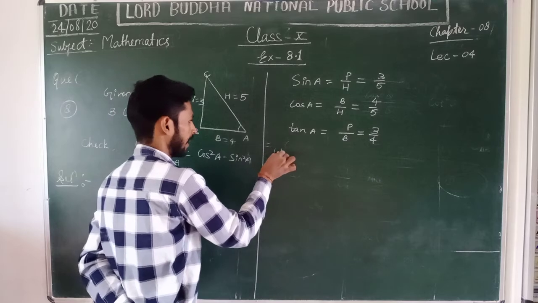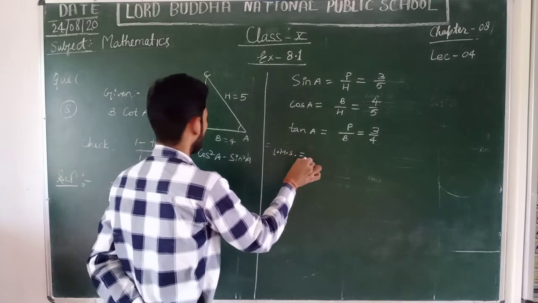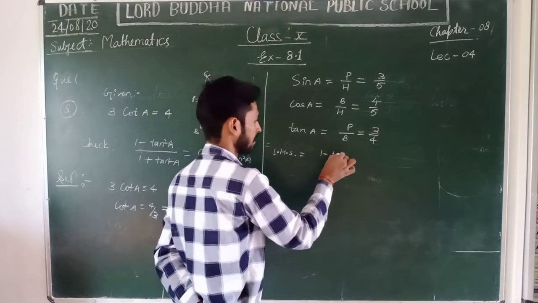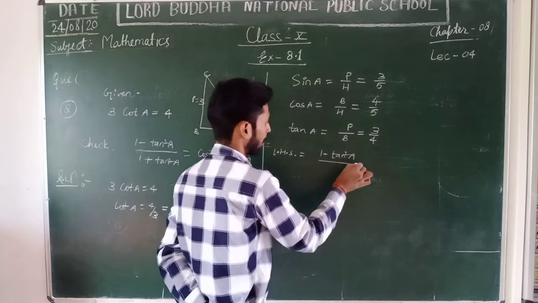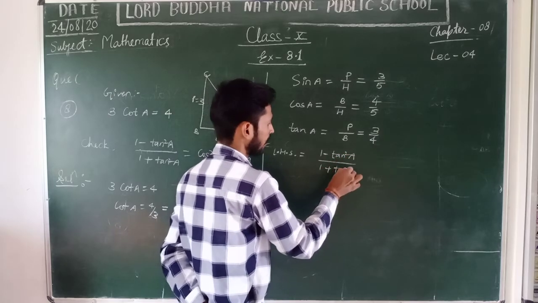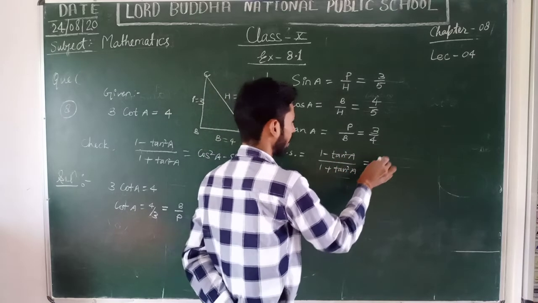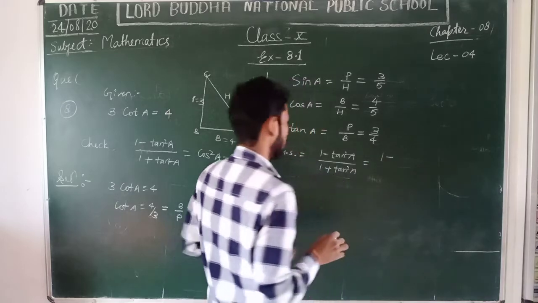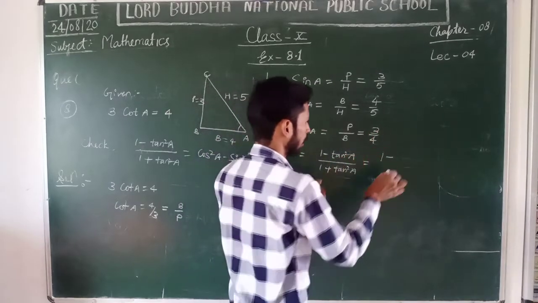Now for the left hand side, it is written 1 minus tan square A upon 1 plus tan square A. So put the value, in place of tan A the value 3 by 4.